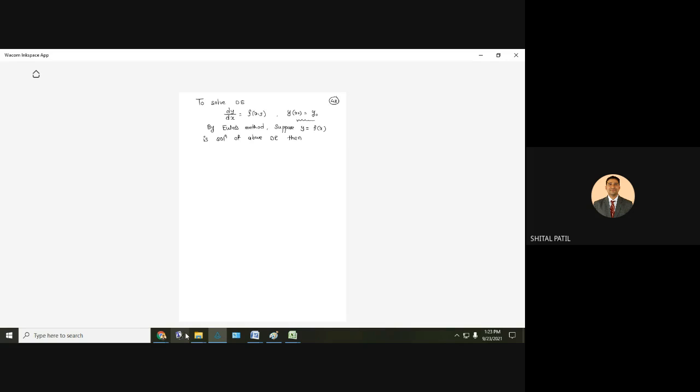Now we have to find what these x and y are. So our aim is to find x and y. The first value is x naught, y naught, given in the example.